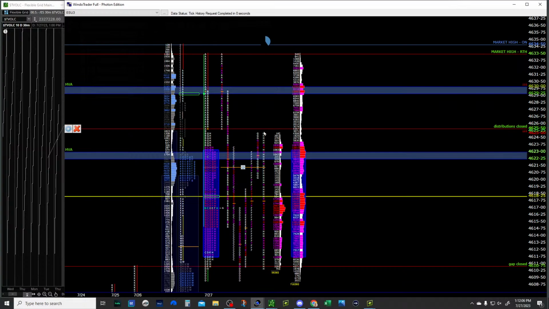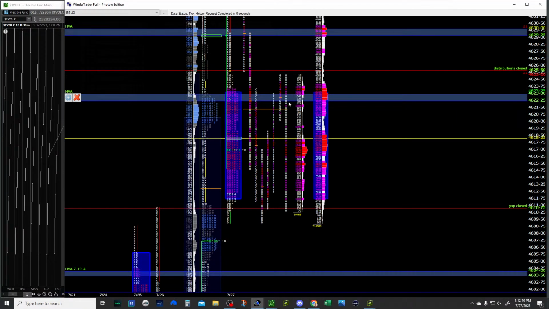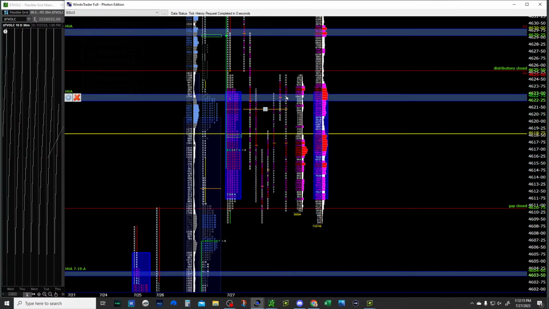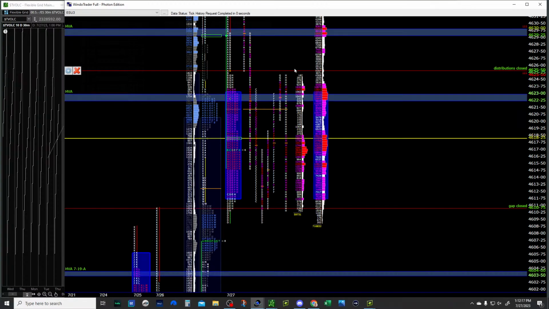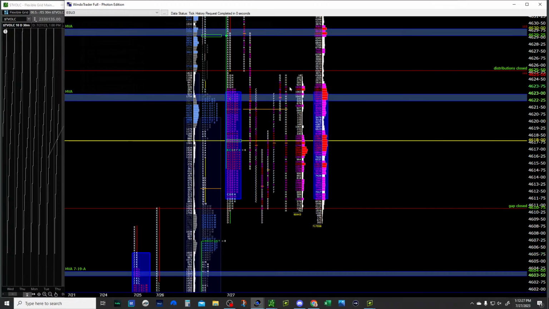Now, this kind of pullback, notice this period has been bought. Something that I like is this kind of movement happening right at the beginning of the period that is opening, in this case the H open, within the first 3 to 5 minutes.